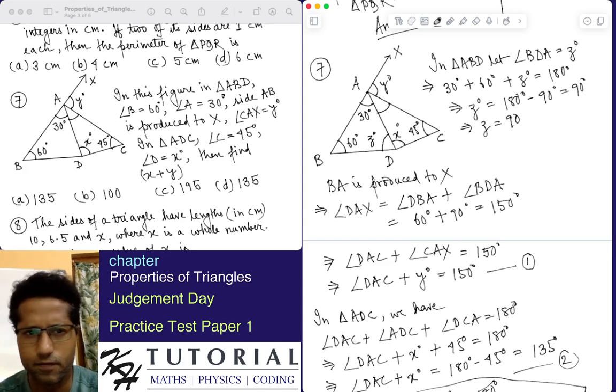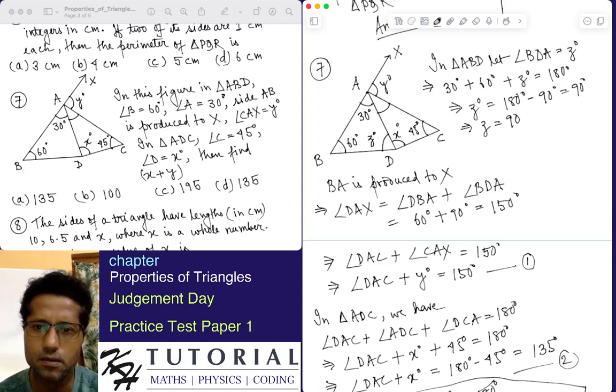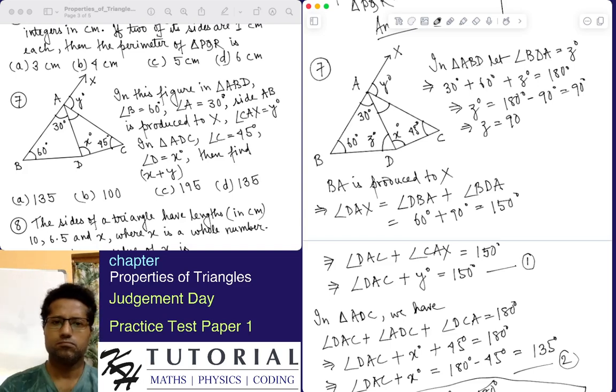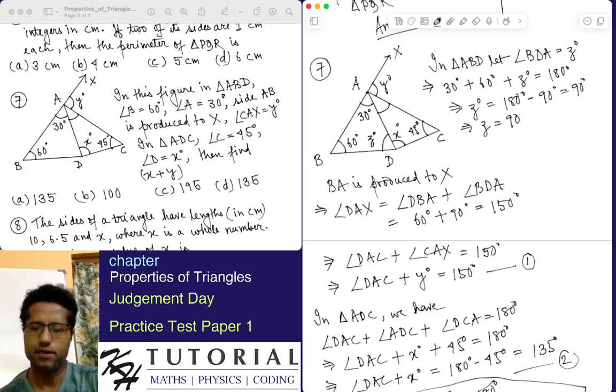Z is 90 degree. Wait a minute. Really? Z is 90 degree. If Z is 90 degree, then AD is perpendicular to BD.